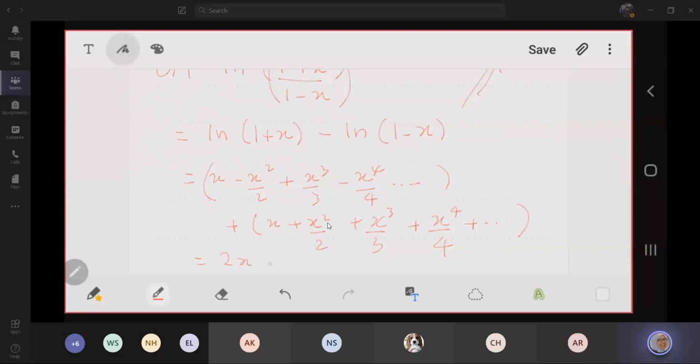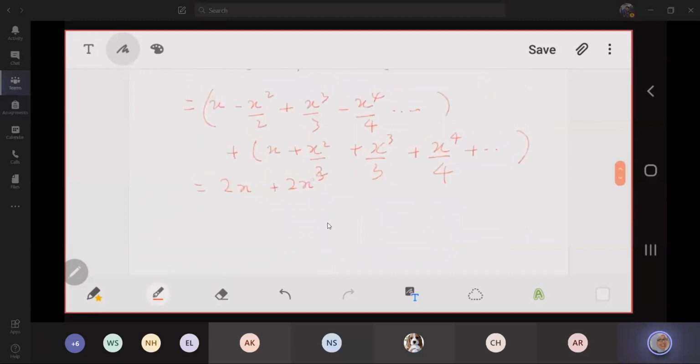plus 2x cubed on 3 plus 2x to the 5 on 5 plus 2x to the 7 on 7 and so on.